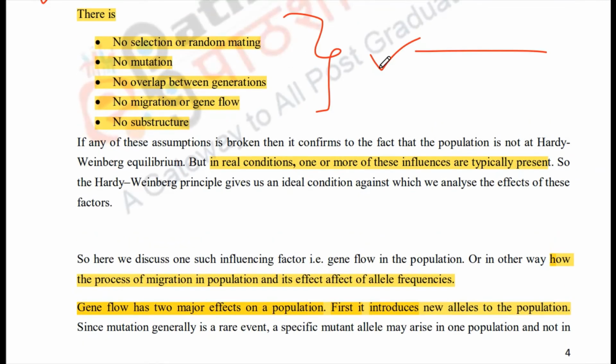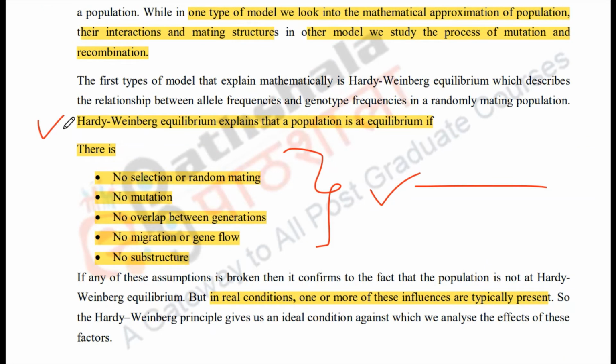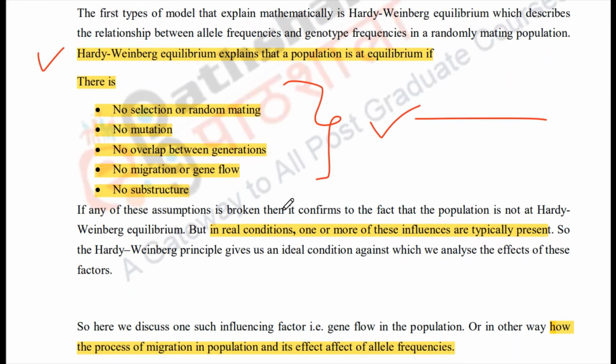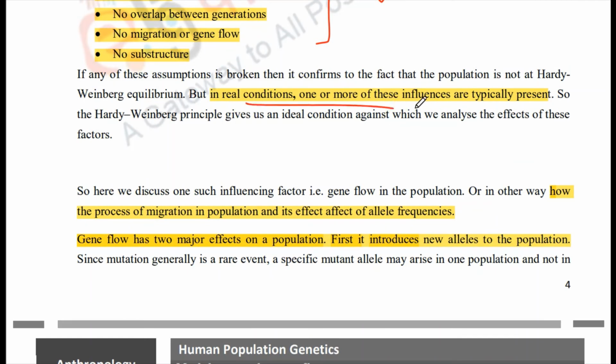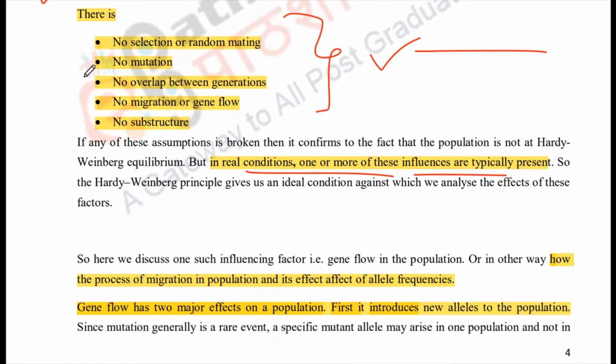Therefore, having a baseline understanding is very important to study the deviations, and that is the mathematical way of approaching Hardy-Weinberg and studying contemporary populations. In real conditions, one or more of these different evolutionary forces are typically present. So the idea behind using this equilibrium is that it gives us an ideal condition against which we can analyze the effects of these forces.